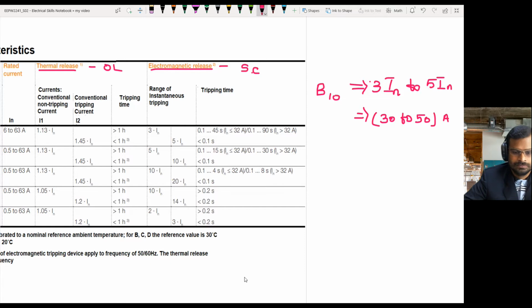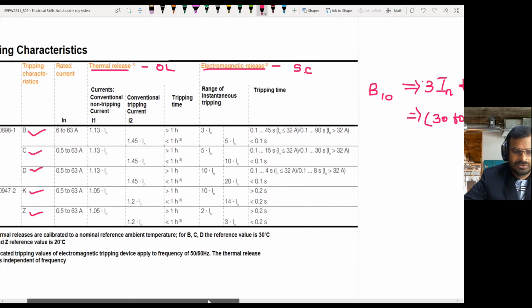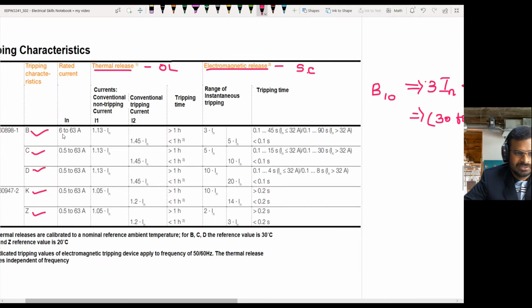If we come back to this point, we have various MCB ratings: 6 ampere, 10 ampere, 15, 20, 30, 32, like that. That's why they have given IN from 6 to 63. We have just taken one example, B10, where the trip range comes from 30 to 50 amperes.